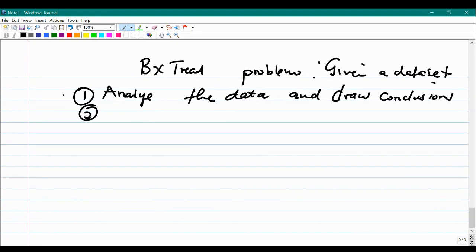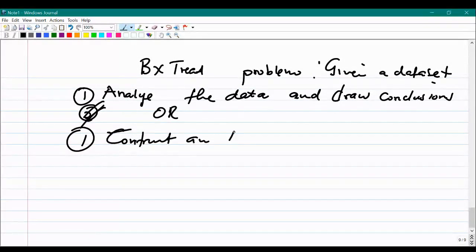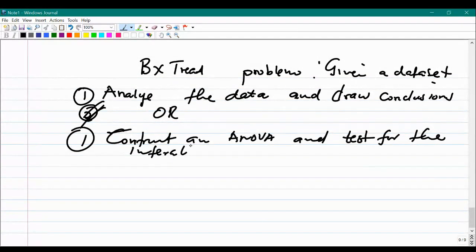Let me call it one. And the second: construct an ANOVA and use it to test for the interaction effect.